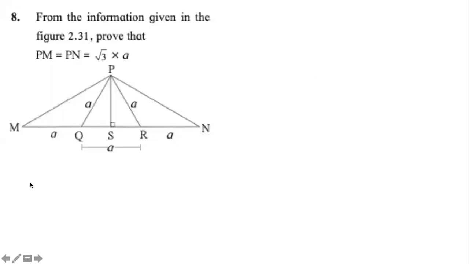Question number 8 reads, as Muskan read, from the information given in the figure, prove that PM is equal to PN is equal to square root of 3 multiplied by a. Looks like a very complicated diagram, but it is not. We can use Pythagoras theorem multiple times to solve it.